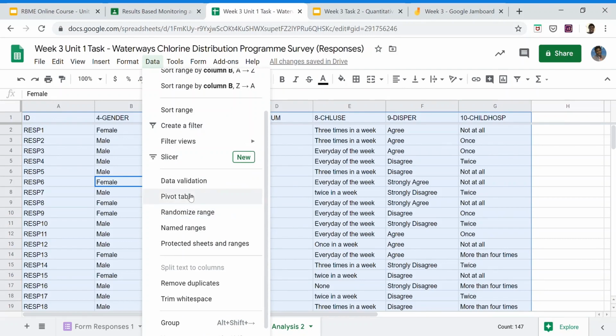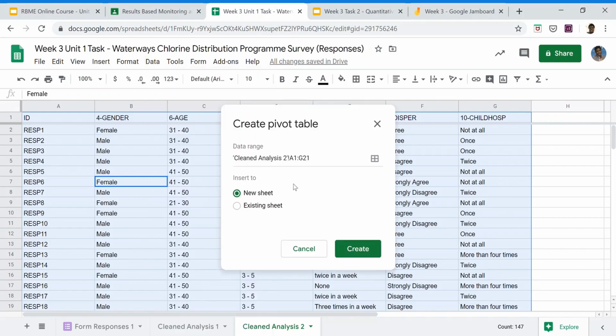So you can use pivot table for cross tabulation. That's what it means. And you see the new sheet. I want it to be on a new sheet. So great.